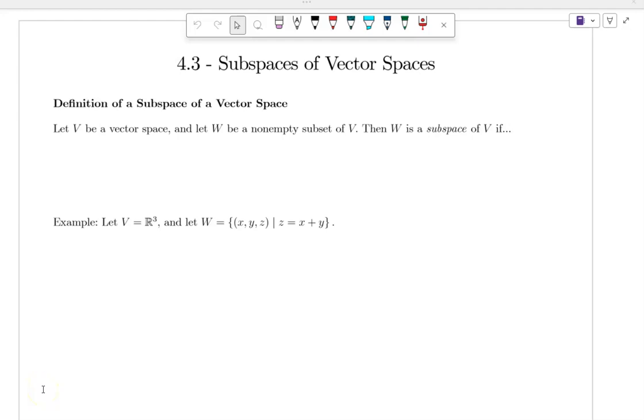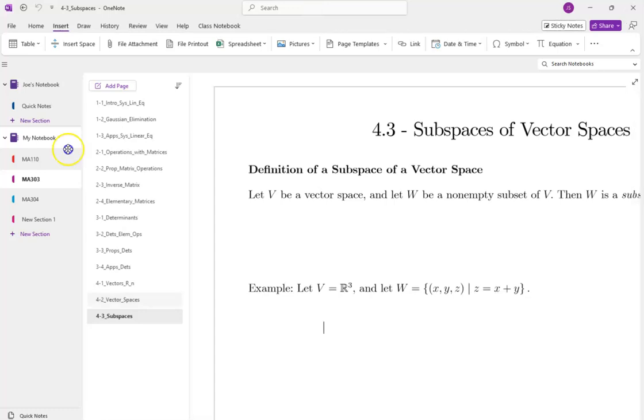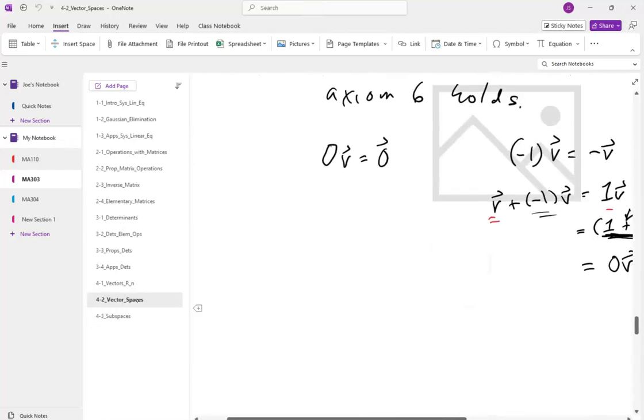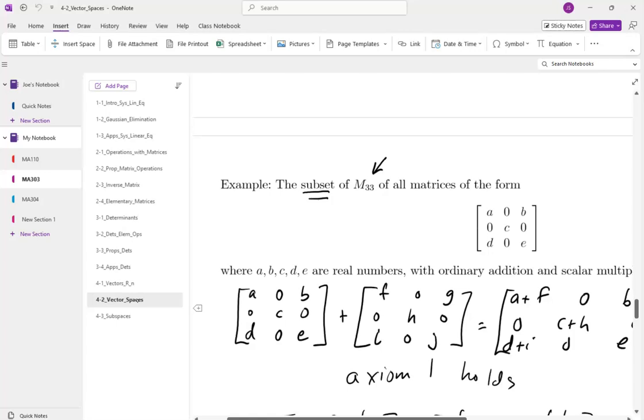All right. Well, last time we finished up talking about vector spaces, and we had the one example while we were talking about vector spaces that, let me flip back over to it real quick. We had a subset of a vector space.